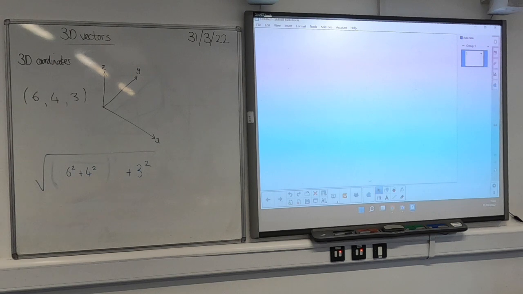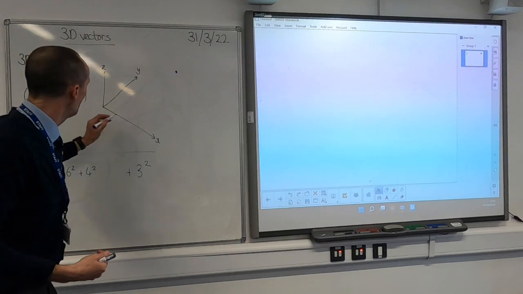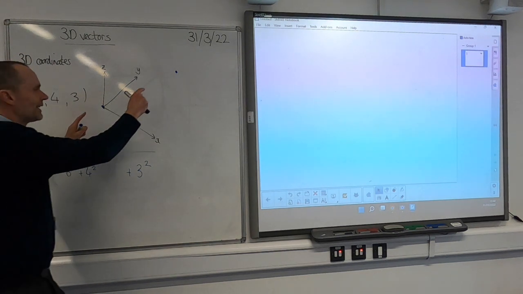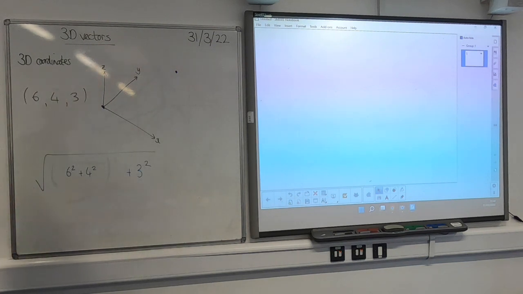Now, what if I want to know how far away this point was from the origin? This is the first skill we need to learn. So if I want to know how far that point is, which is really hard to draw, isn't it, but say it's up here somewhere. How far is that from the origin? Well, can you see how that's the same as the question we've just solved with the box? It's the internal diagonal again, isn't it?